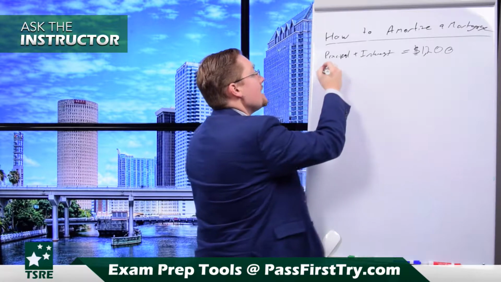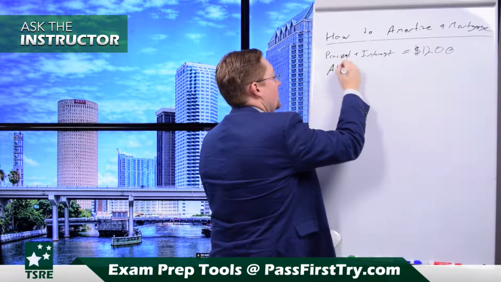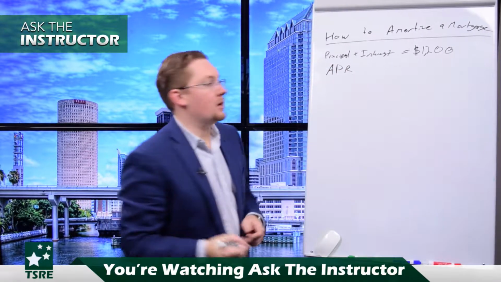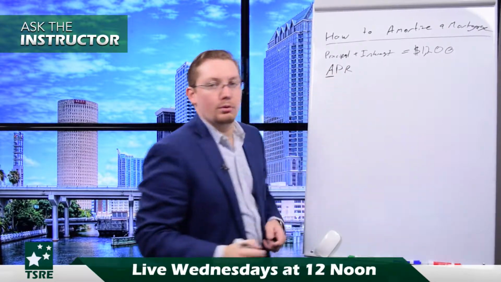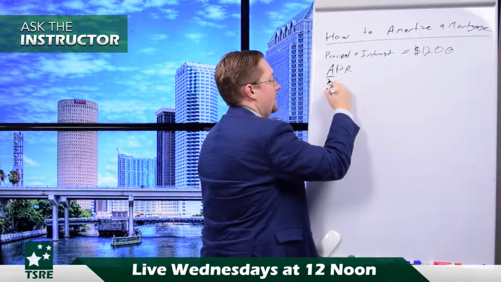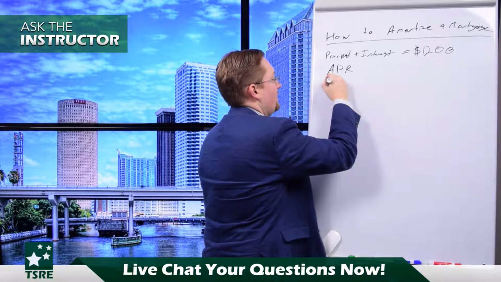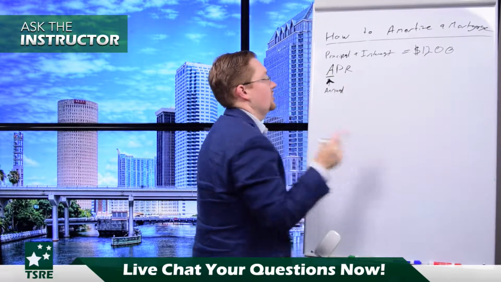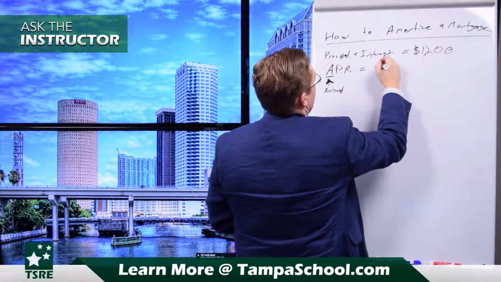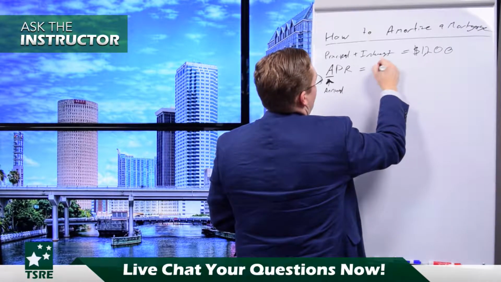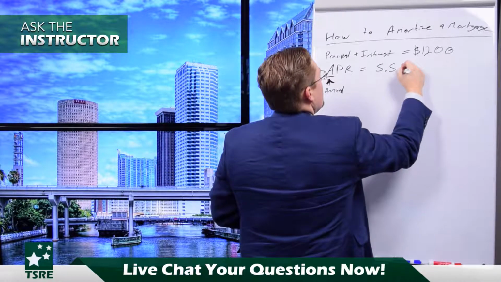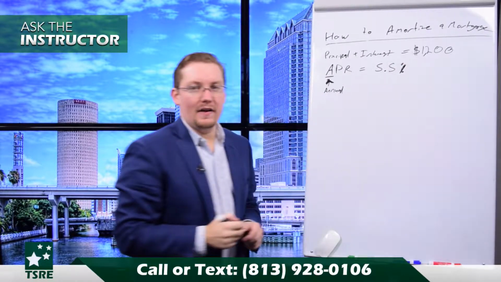These other two items are the APR, the annual percentage rate. Even if they just call this an interest rate, you want to remember it as an annual percentage rate. That's going to be very important when we're solving our question, to remember that this is an annual percentage rate. Let's say in this case it's 5.5%. So we've got an APR of 5.5%.